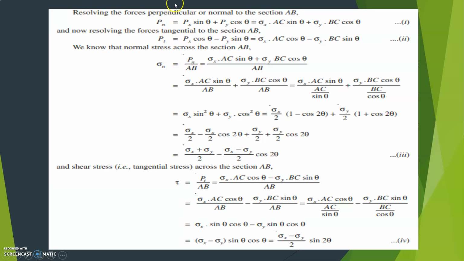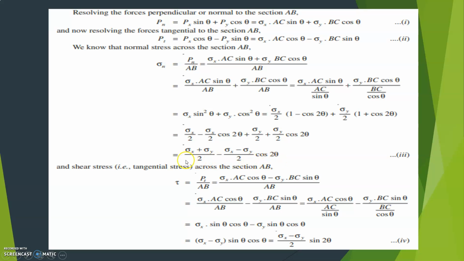Then resolve the forces perpendicular or normal to the section AB. You get Pn like this, and this is tangential Pt. Then simplify this. The final one is sigma n, the normal stress across the section AB, is equal to sigma x plus sigma y divided by 2 minus sigma x minus sigma y divided by 2 into cos 2 theta.